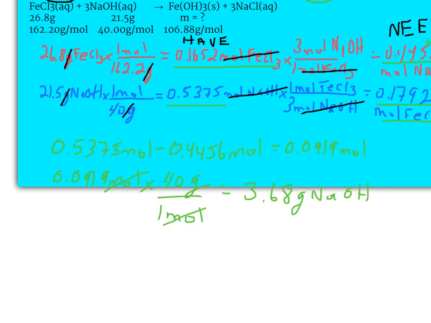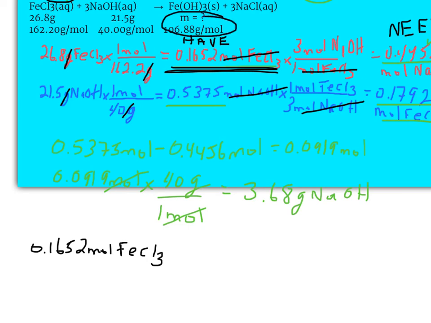So I'm going to do my stoichiometry down here on the bottom. I've already found my moles because I know what I have is 0.1652 moles of FeCl3. I need to use my mole ratio in order to switch it into my precipitate.